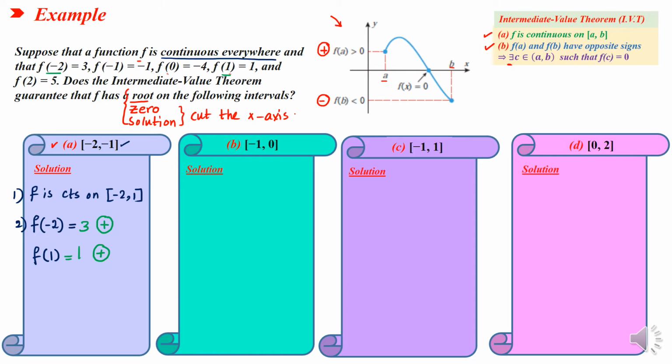So the second condition is not satisfied, because the I.V.T. tells us that f of A and f of B must have opposite signs.